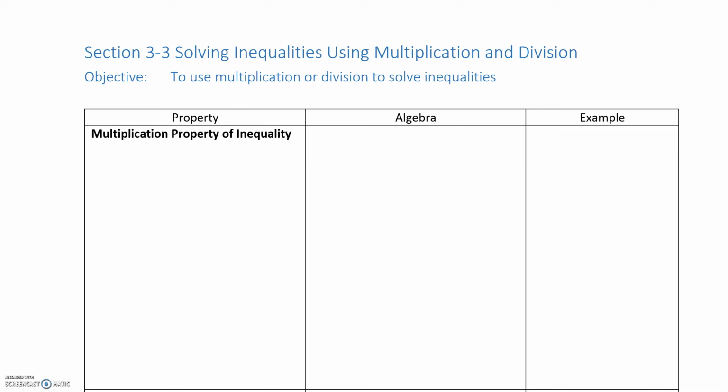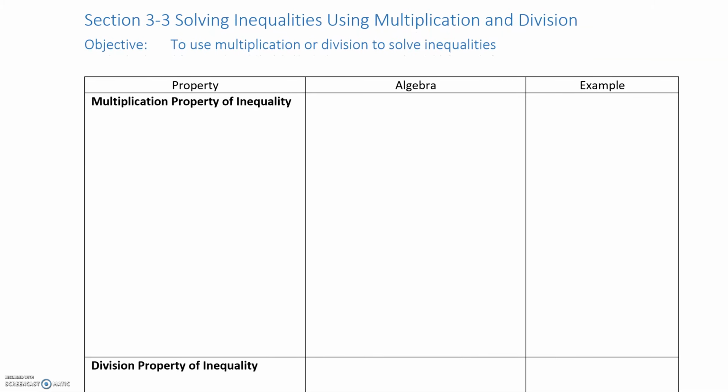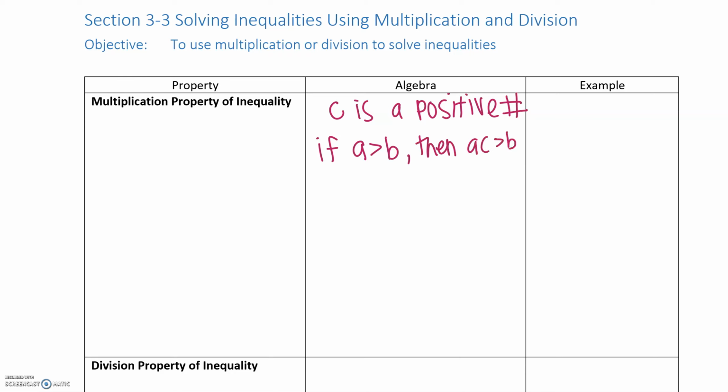Okay, so today we are looking at solving inequalities using our multiplication and division properties. There are just a couple of different rules with multiplication and division. If we have that C is a positive number, and if we have A is greater than B, then we're going to have AC is greater than BC.